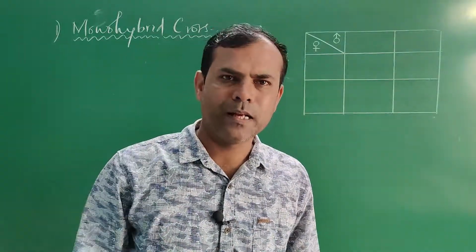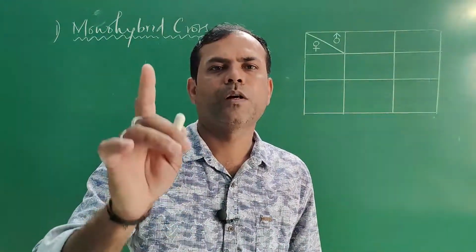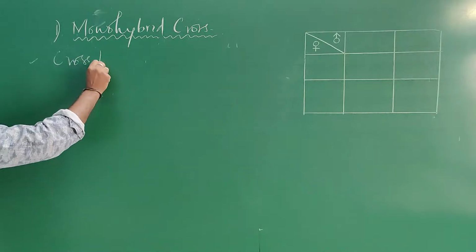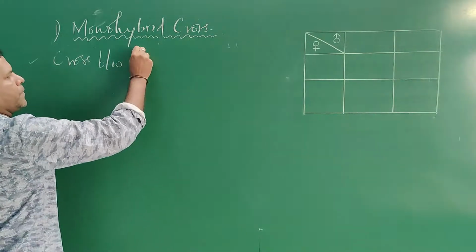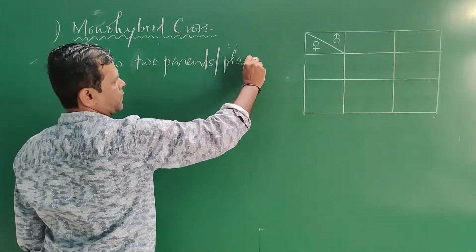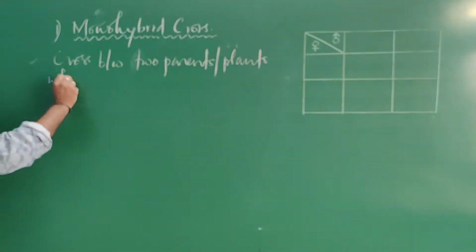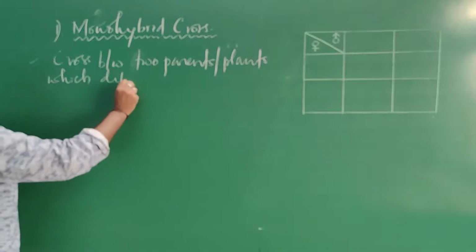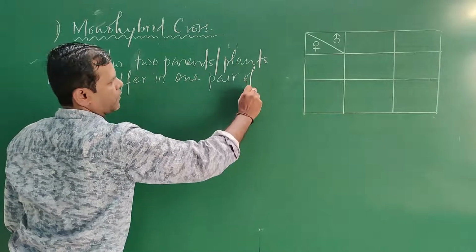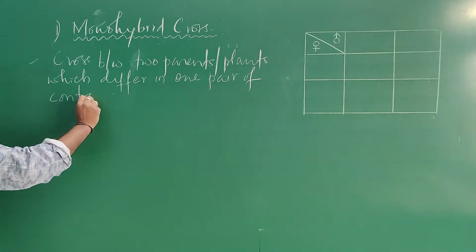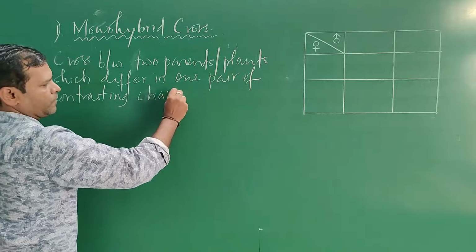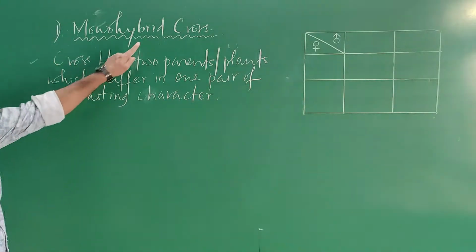A cross between two parents or plants which differ in one pair of contrasting character is called as monohybrid cross.